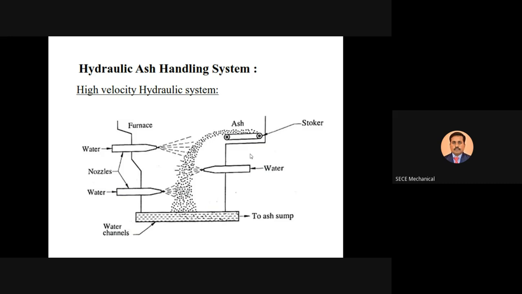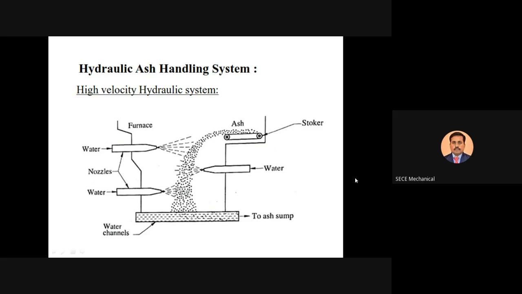Likewise, with the help of high pressure water and with high velocity, the water impinges towards the ash. So ash is completely mixed with water and forms a slurry. That slurry goes to the water channel.